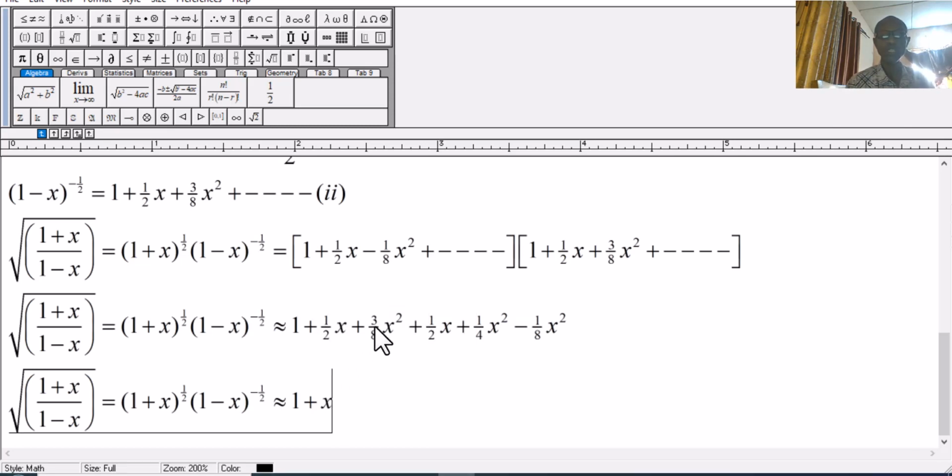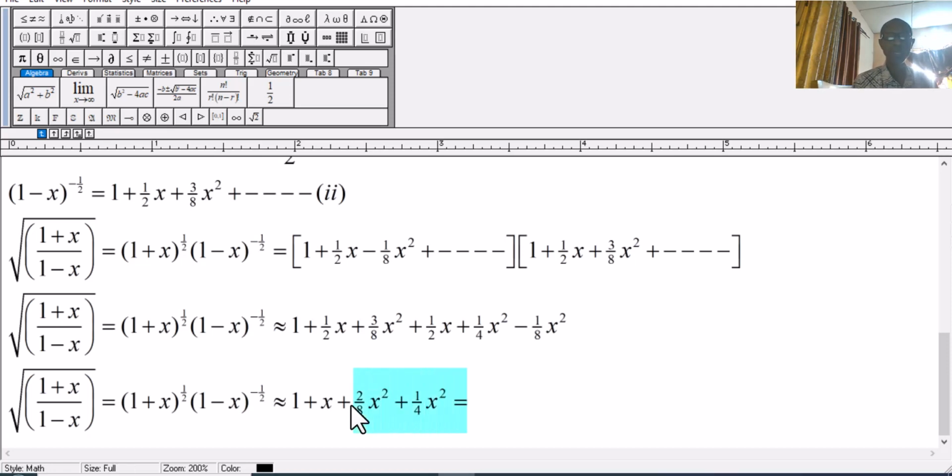So now the next one that we have, this 3 over 8 x squared minus this will give us plus 2 over 8 x squared. So plus 1 over 4 x squared. We can still work on this. So I'm going to write this.